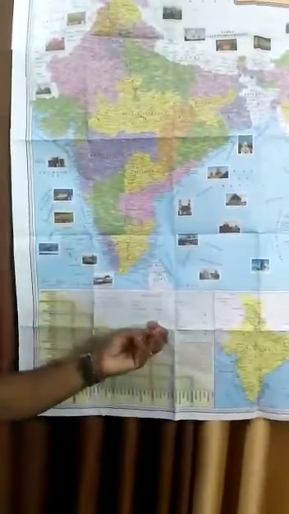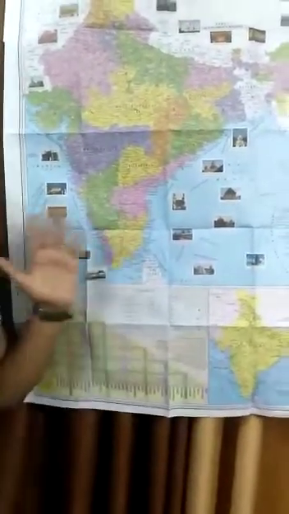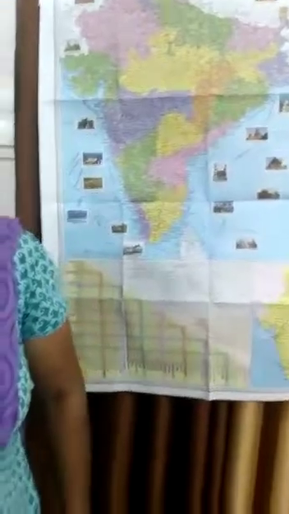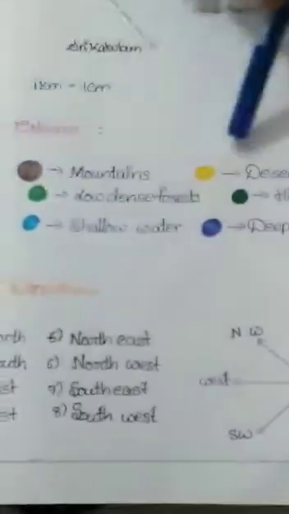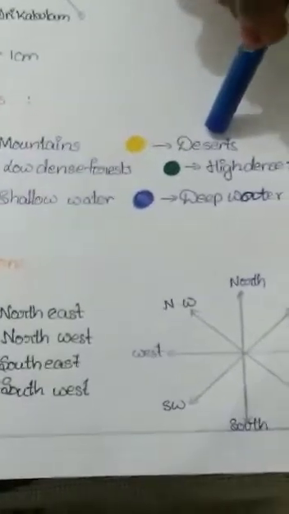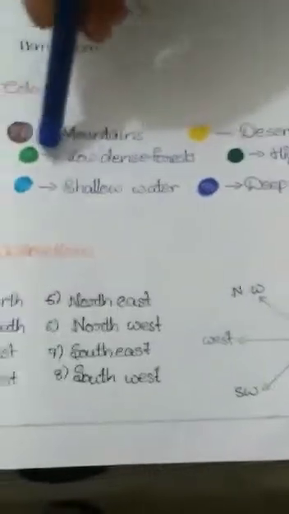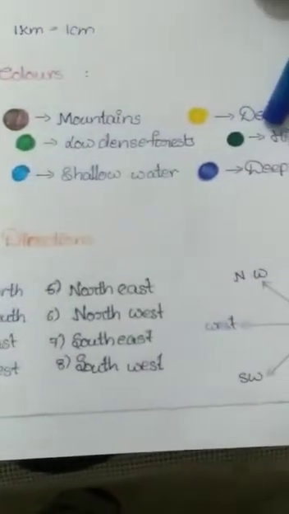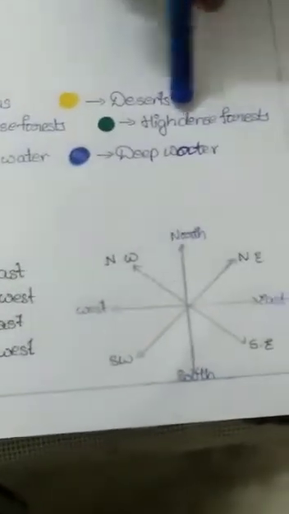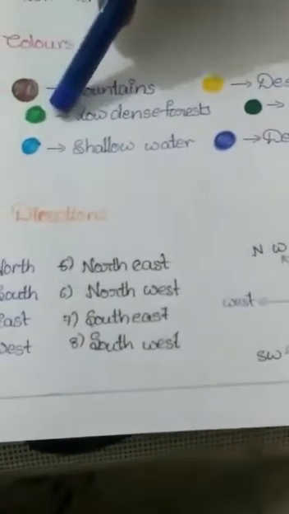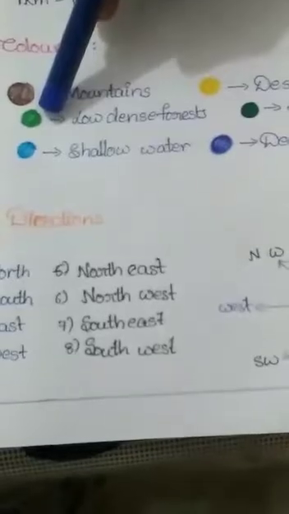Okay, so here you can see in colors we also use dark and light shades according to the density of that area. For example, for mountains we use this color, and yellow color we use to show the deserts. Dark green we use to show the dense forest, and light green we use to show the thinly forested areas.